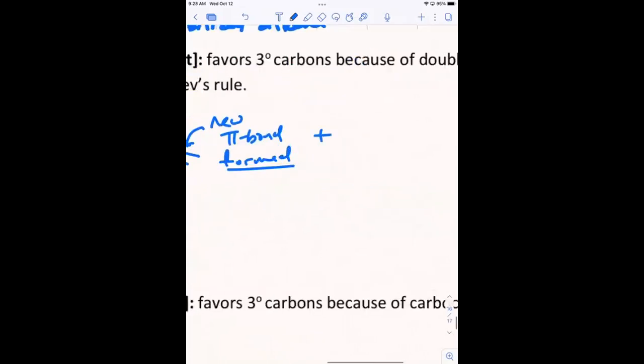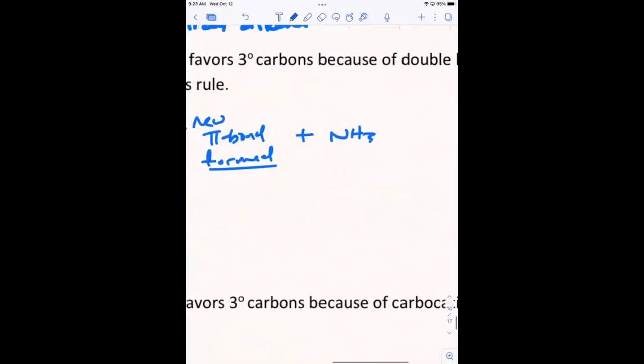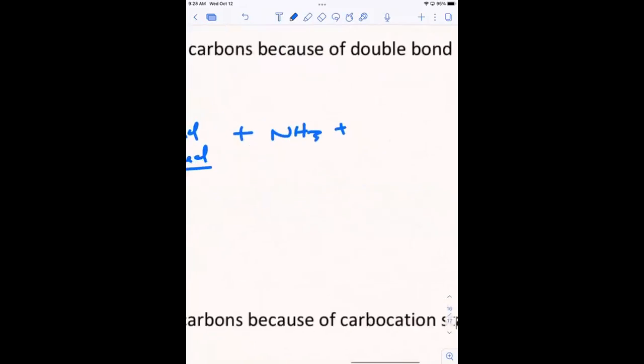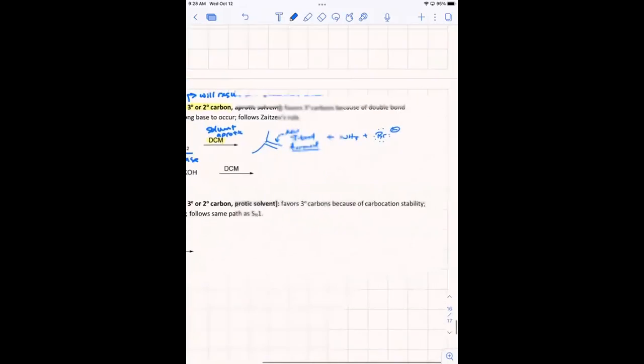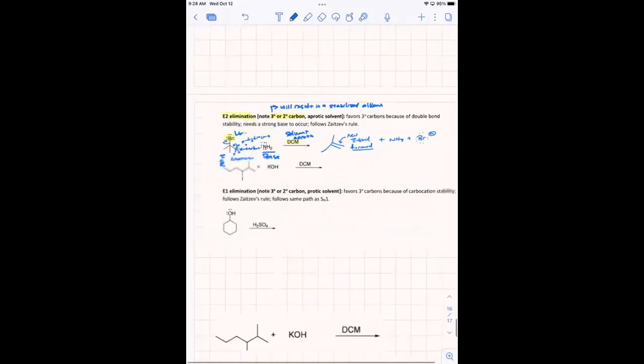So that'd be that plus NH3 plus Br minus. Now don't worry about it if it's a little foreign, because we're going to go through the mechanism and all that stuff in a second.